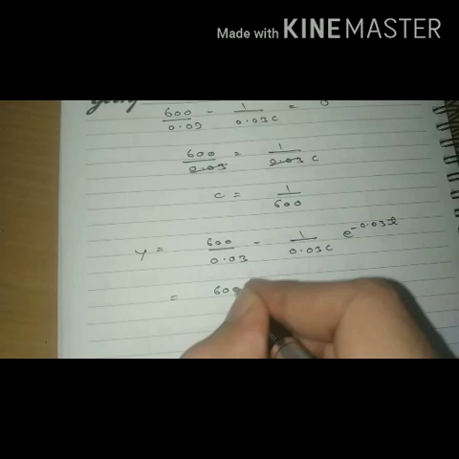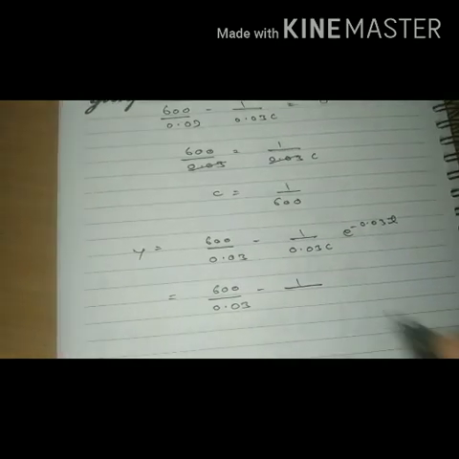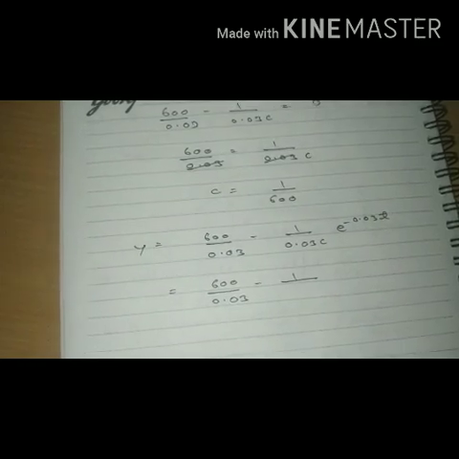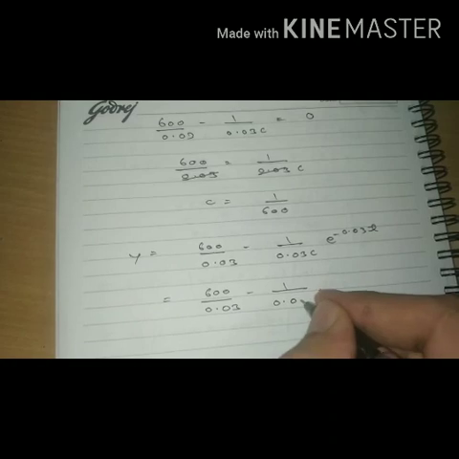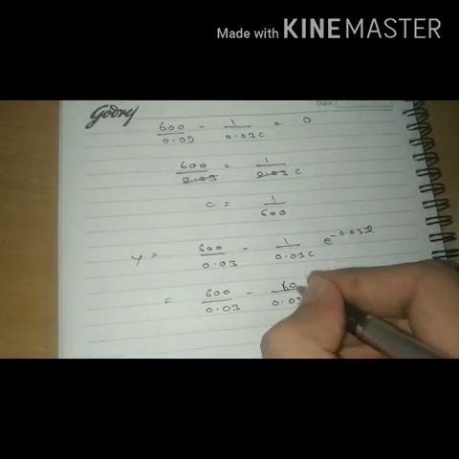Putting the value of c as 1 by 600, the 600 cancels.